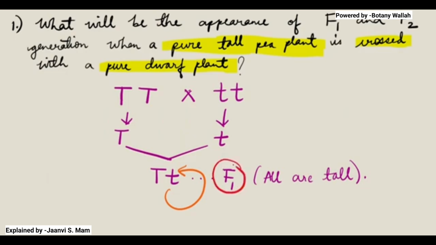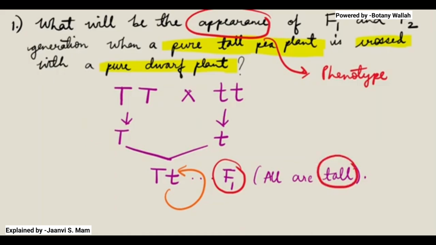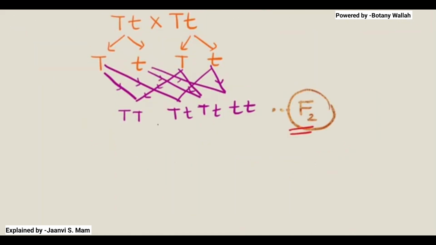The question was asking what will be the appearance of F1 and F2. Appearance means they are asking phenotype. So here I told you that all F1 will be tall, and for F2 there are possibilities of 3 being tall and 1 being dwarf.